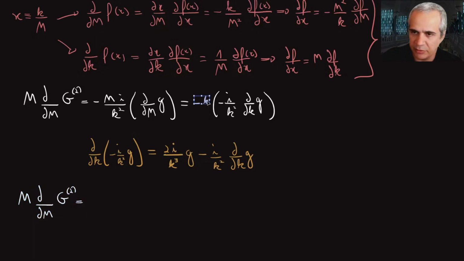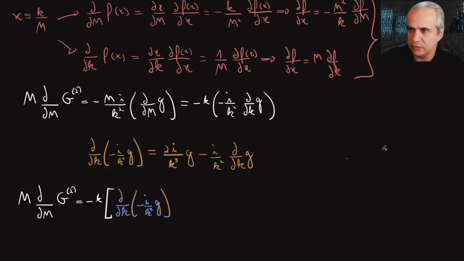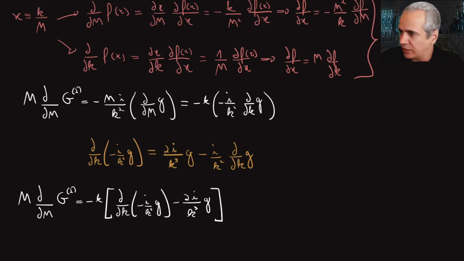So I can use that fact to rewrite this expression. Let's bring the minus k over here, and now I just have to isolate this on the other side, and I'll have these two pieces right here. The first one is just this. Minus this part, so minus 2i over k cubed g, which now I identify with capital G here.